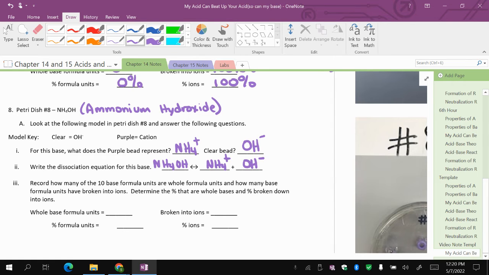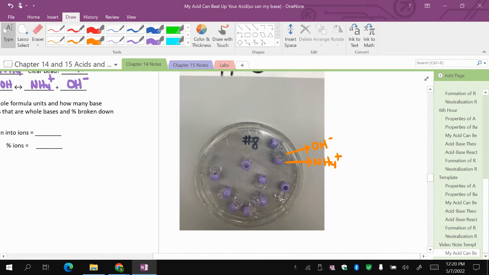So we're going to go back and look at our model and look at how many were together. And so I have 1, 2, 3, 4, 5, 6, 7, 8, 9 that are together. These two are apart. You have a cation and then you have your anion.